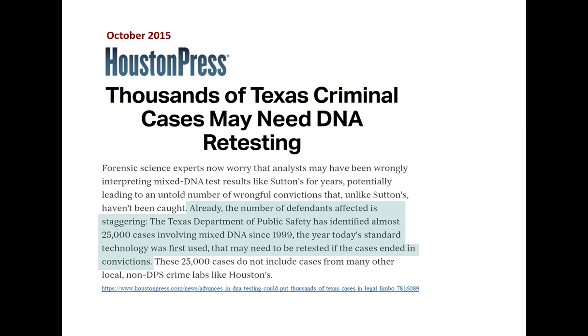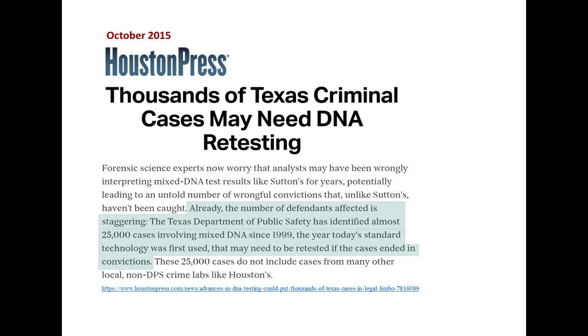And what they found was that since 1999, and again, this was 2015, there were over 25,000 cases tried in Texas courts that involved DNA mixtures. So they actually sent a letter to all inmates, or maybe they weren't inmates anymore and had been released, but anyone that had been convicted of a crime in Texas where a DNA mixture was involved in their conviction.